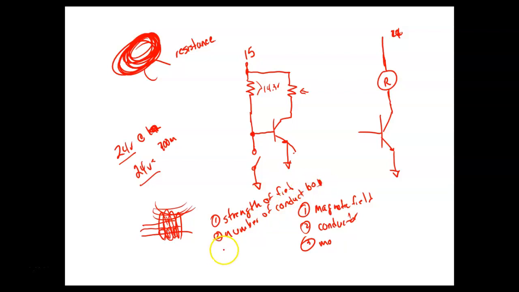So you're talking about using the coil in the relay as a resistor, right? No, what we're talking about is what we have to do on our transistor to keep from blowing it up. When we saturate the transistor, the relay comes in and closes its contacts.